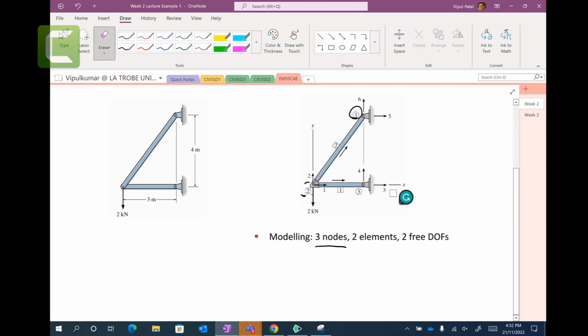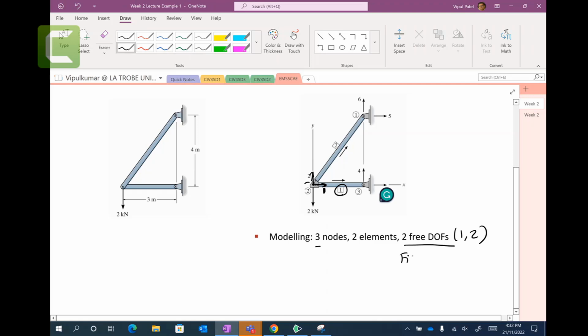The numbers within those circles are node numbering. And you have 2 elements, element number 1, element number 2. Those numbers will be given to you. And you have 2 free degrees of freedom, which are 1 and 2, and fixed degrees of freedom, which are 3, 4, 5, 6. Right. Any questions there? All right.